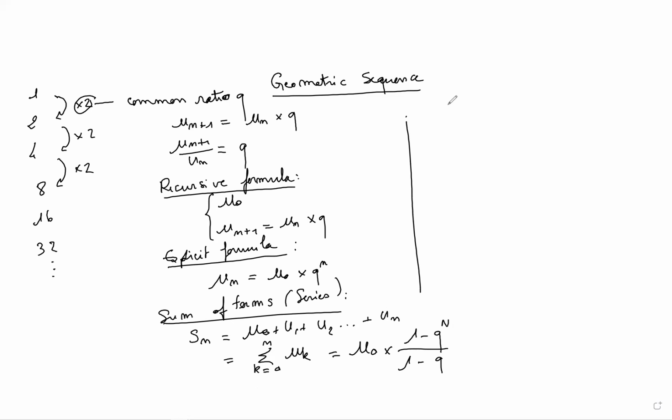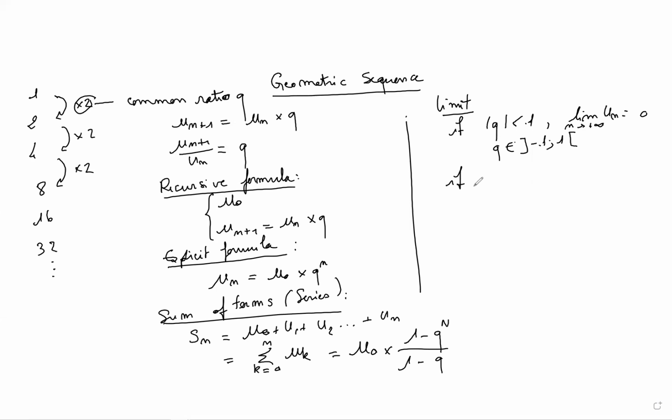The limit of your sequence. If the absolute value of your common ratio is less than 1, which means your common ratio is between -1 and 1, then your sequence will converge towards 0.